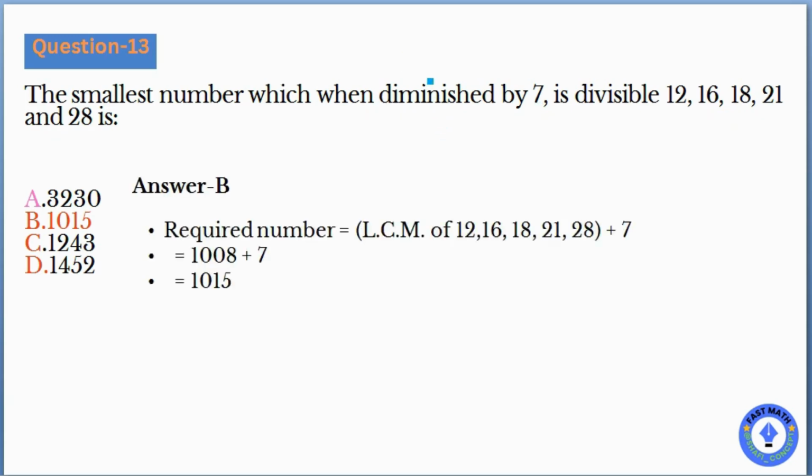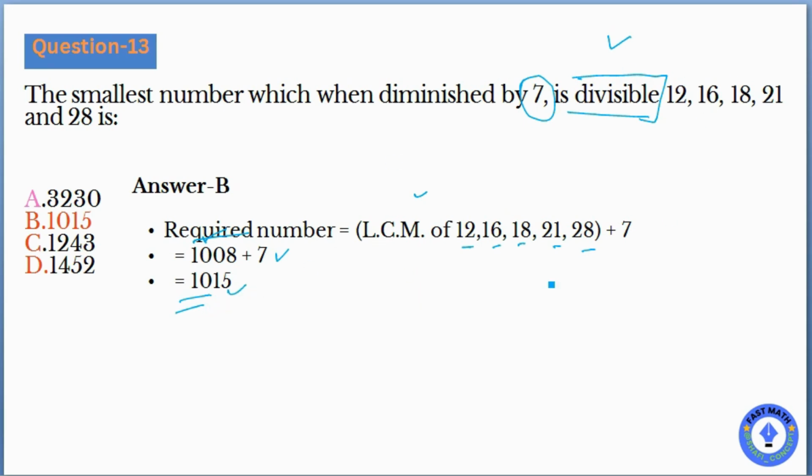Whenever the problem asks about divisibility, you first calculate the LCM of 12, 16, 18, 21 and 28. The LCM is 1008, and it says diminished, which means reduced. Whenever it is reduced, you have to add the number. The answer is 1015.